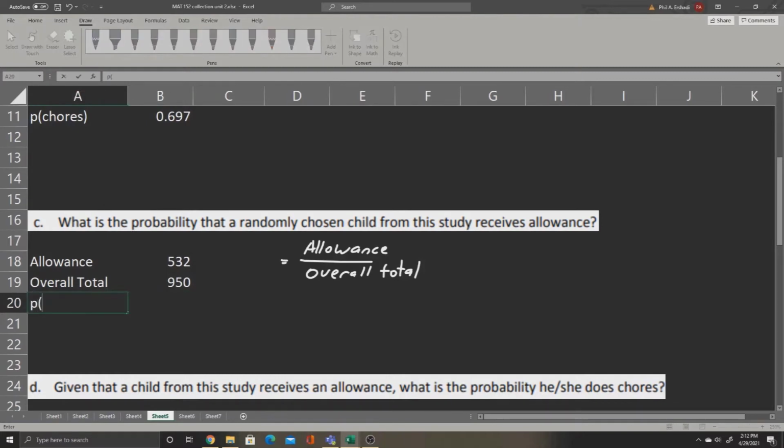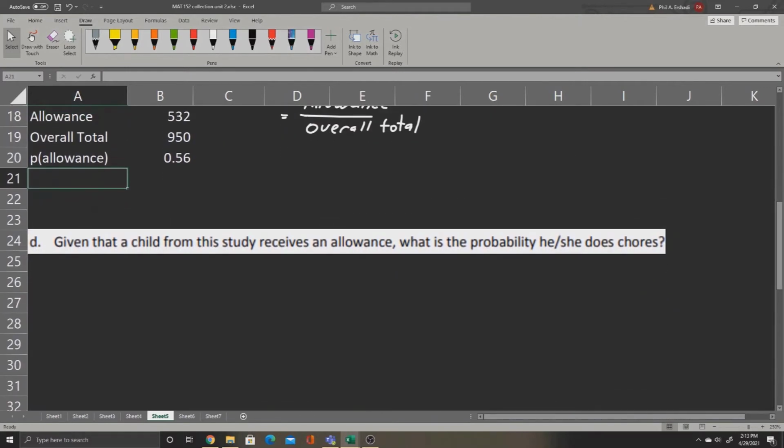We can say our probability of receiving allowance will equal 532, the number of children who do receive allowance, divided by 950. This gives us a probability of 0.56 of receiving allowance.